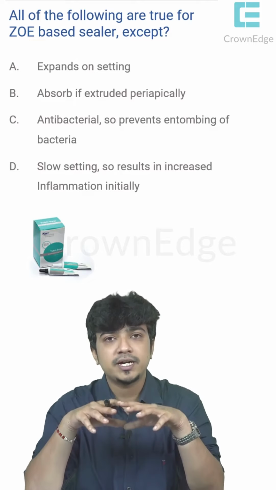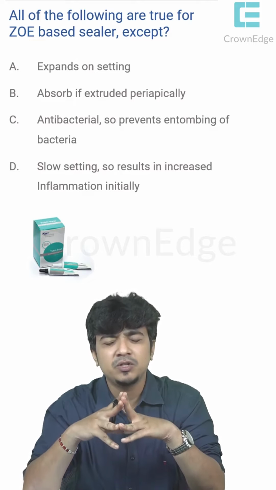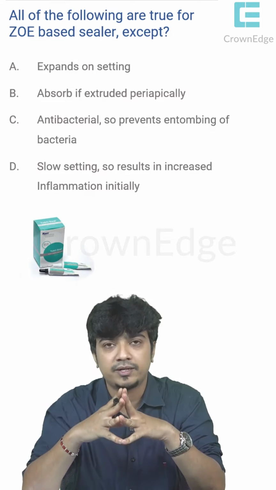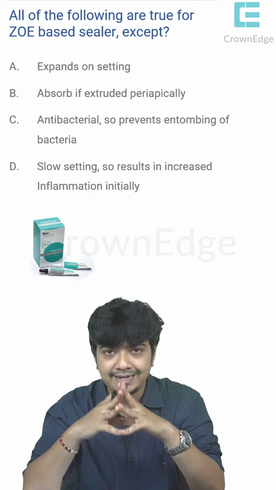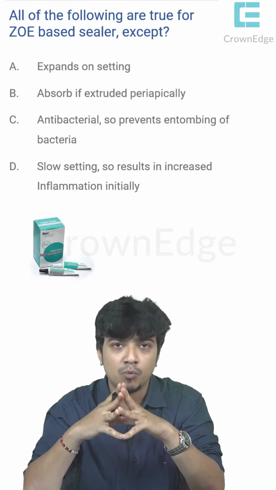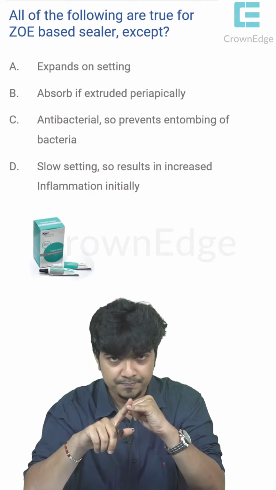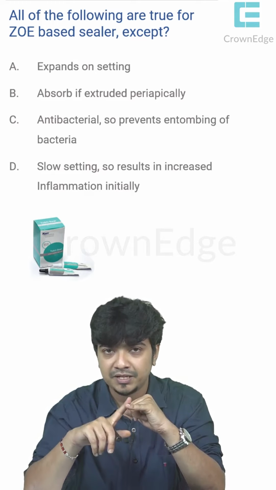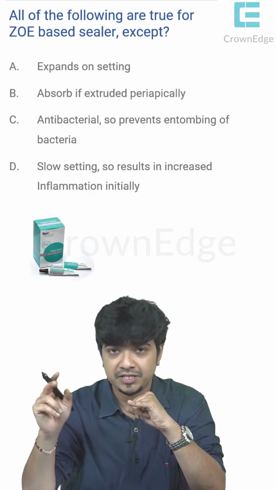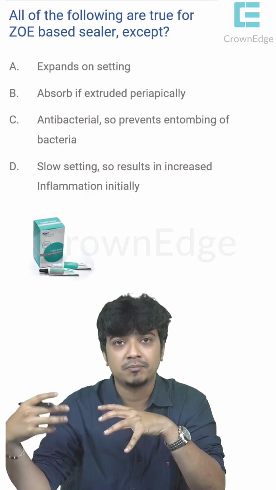So zinc oxide eugenol based sealers have been used extensively in endodontics for many decades. Till date, they have been one of the most dimensionally stable sealers that have been introduced. Now resin sealers have been introduced, and they have been seen to have very good long term dimensional stability.